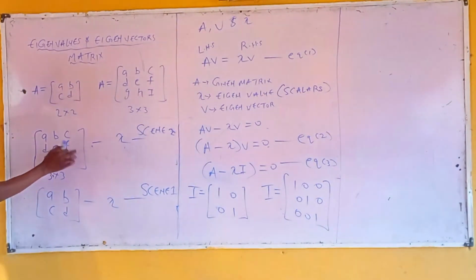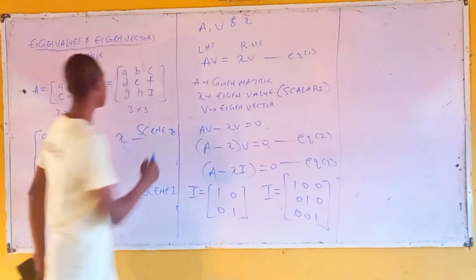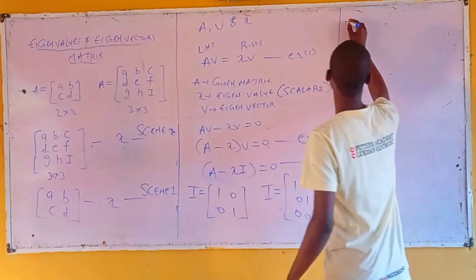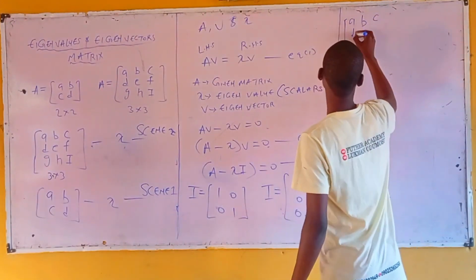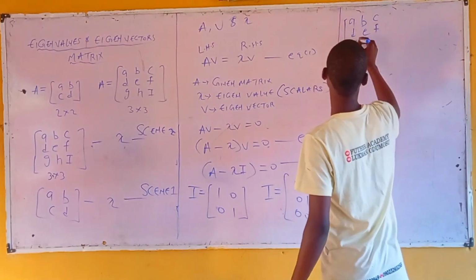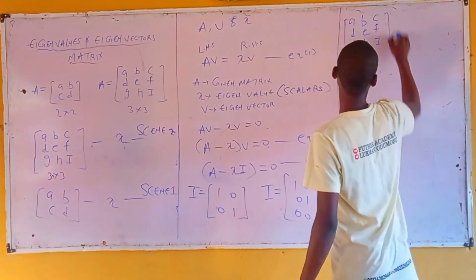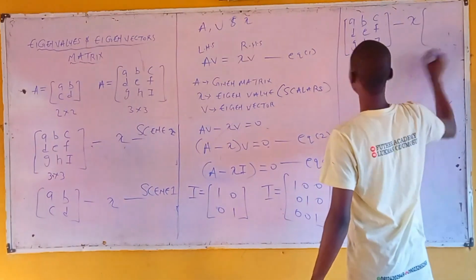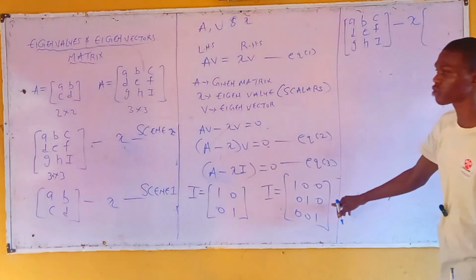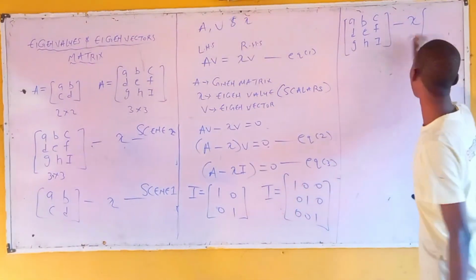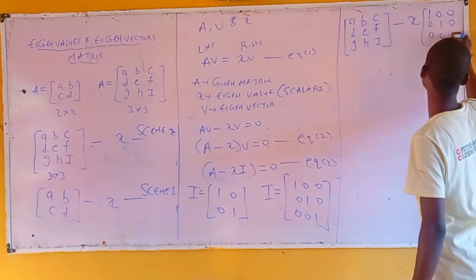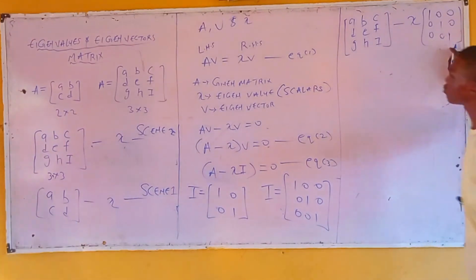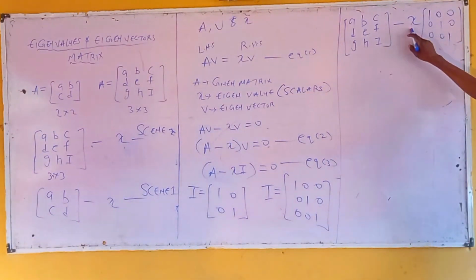Now let's use this to explain the concept. Meaning from scene 2, I have that A, B, C, D, E, F, G, H, I, negative lambda, all into brackets. What is the identity matrix of a 3 by 3 matrix? 1, 0, 0, 0, 1, 0, 0, 0, 1. Open up your bracket, meaning this lambda, lambda is what?